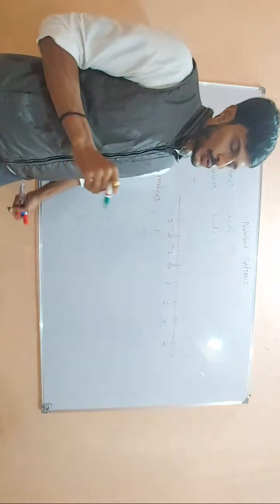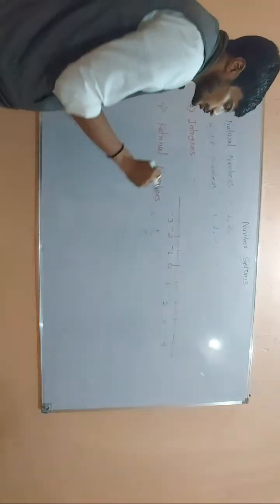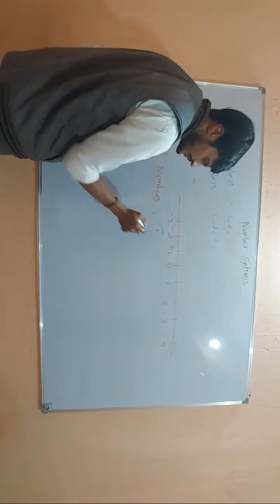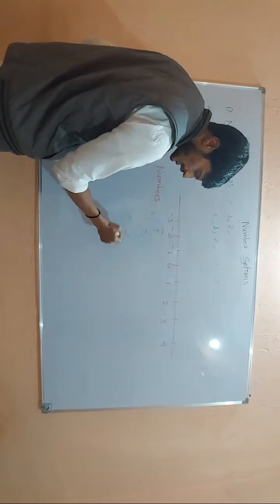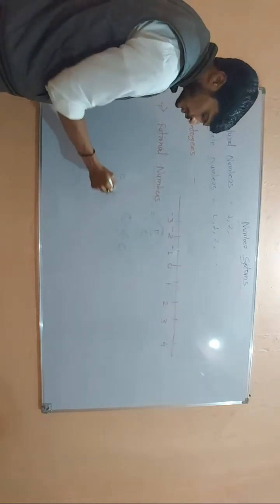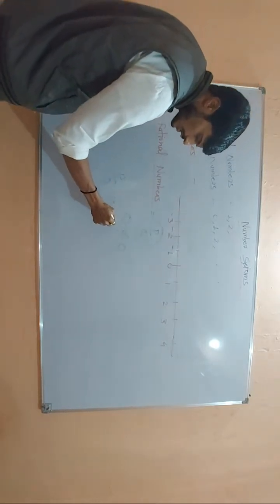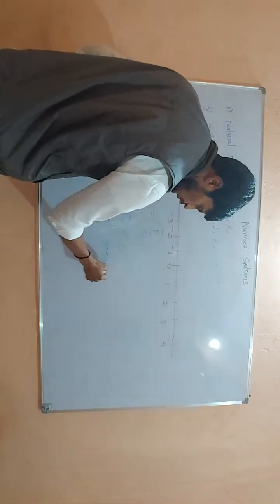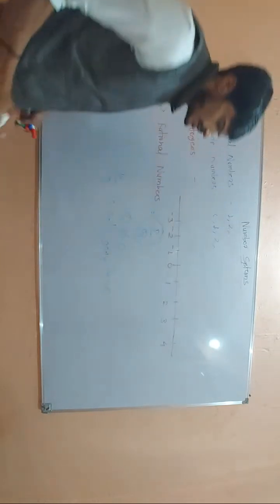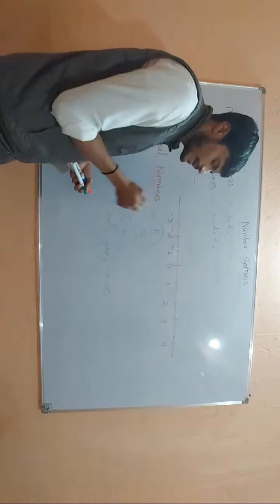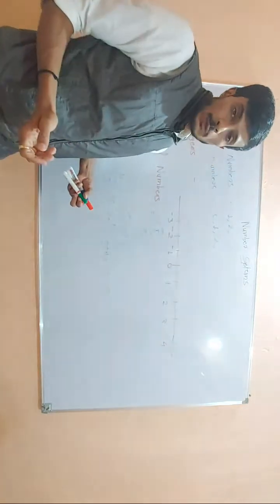This number is said to be a rational number if q is not equal to 0 and p divided by q is not going to infinity, or you may see p divided by q having a recurring value.